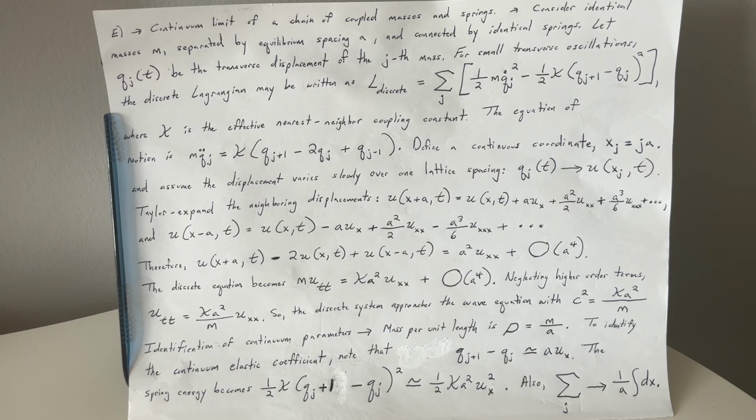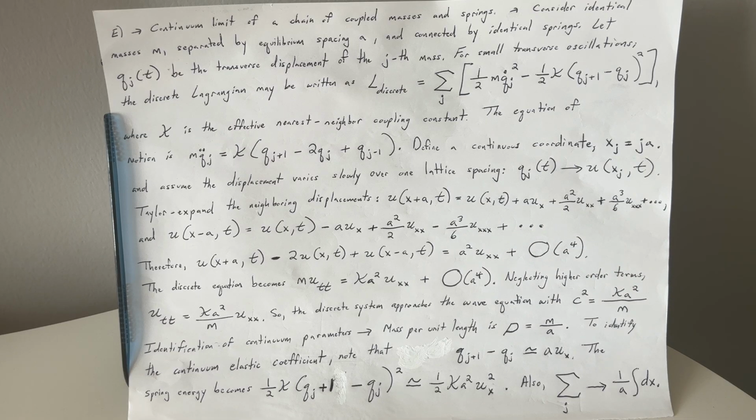And u(x-a, t) equals u(x,t) minus a u_x plus a squared over 2 u_xx minus a cubed over 6 u_xxx, and on and on.